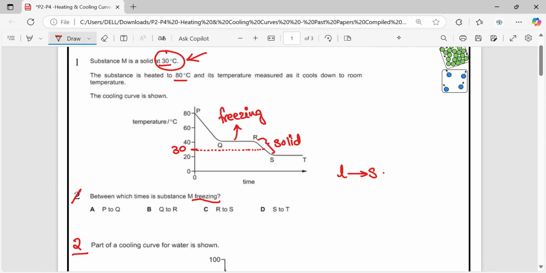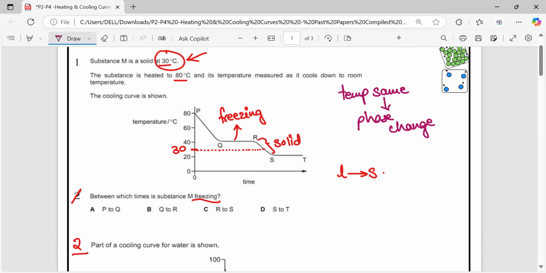Because in heating and cooling curves, there is a very important concept: when the temperature stops rising or falling and remains the same, it means that some phase is changing during that time. So when the temperature is constant, there's a phase change.